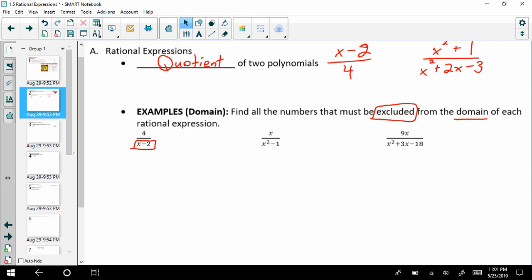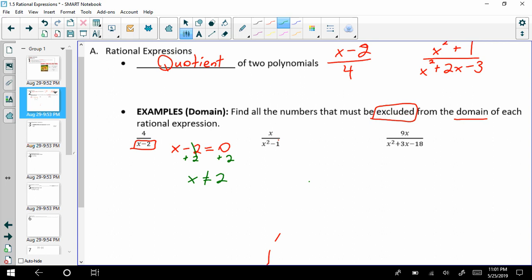I don't want that thing to come out to 0. So what would x be to make that come out to 0? Well, if you can't eyeball it and know, just set the denominator equal to 0 and let's solve it. To solve this, if I want to cancel subtracting 2, I add 2 to both sides, and it gets x equals 2.